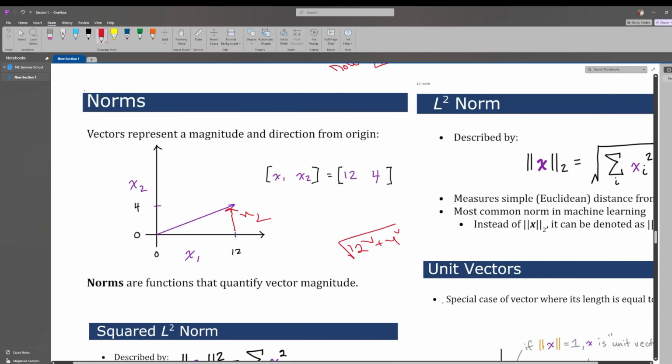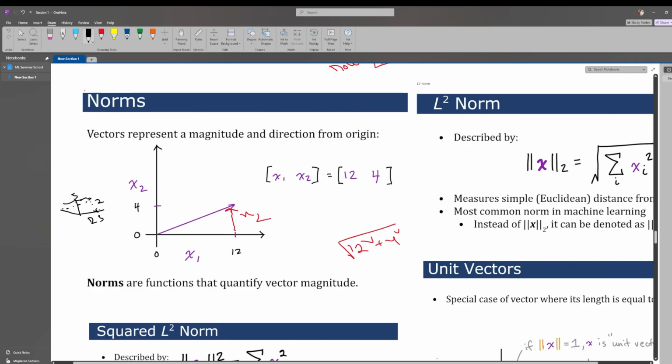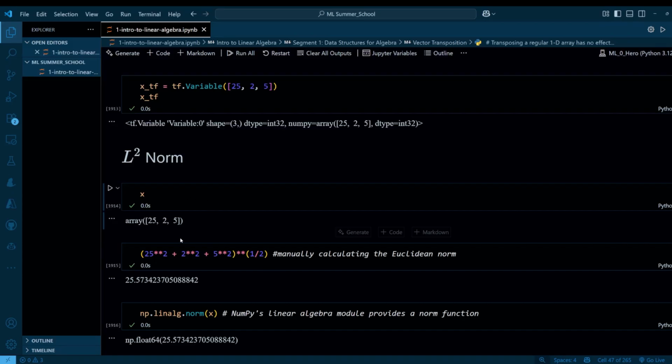I forgot the exact value, 25, 2, 5 or something like that. So it's in 3D, in 3 dimensions.